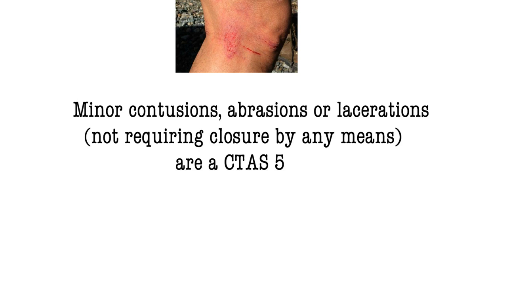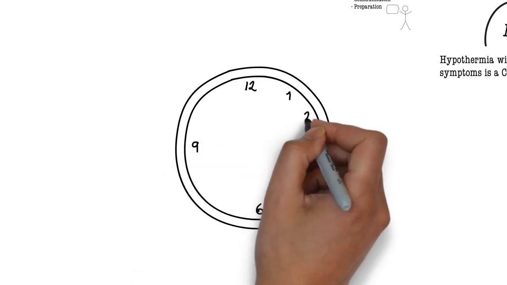So in the CTAS 5, to find a comparable cold injury, we'd be talking about somebody that has cold hands. If we get into frostbite, those types of cold injuries, then that's something different. But if you have someone that's complaining of just simply being cold, that would be an example of a CTAS 5.